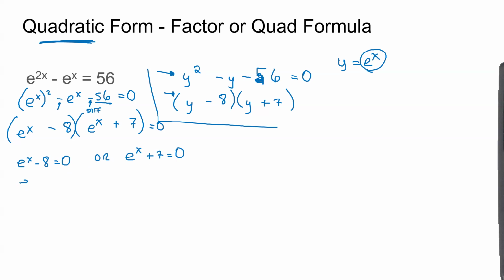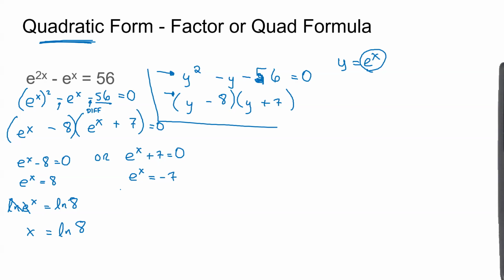Go ahead and add 8 to both sides. Do the same thing here, subtract 7. Kind of doing these at the same time. But it would be super easy right here to take the natural log of both sides. Natural log of e to the x is just x. And so my solutions are going to be the natural log of 8.